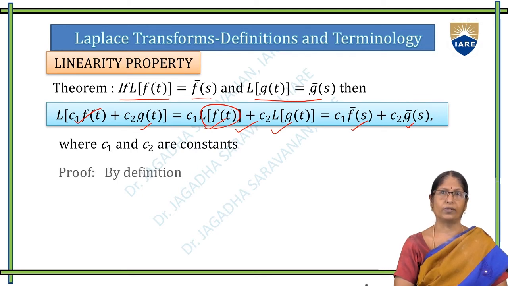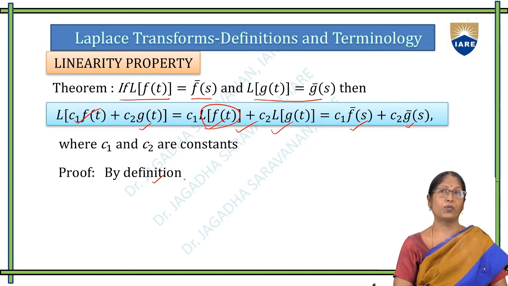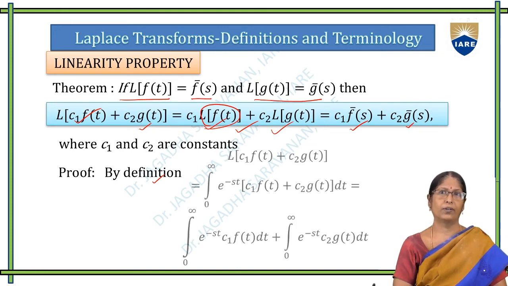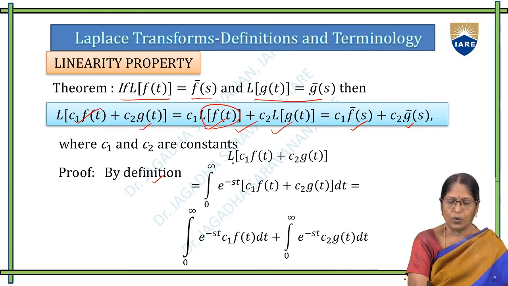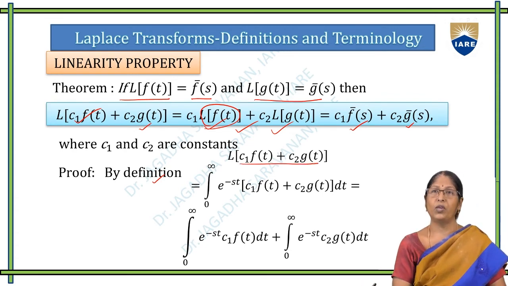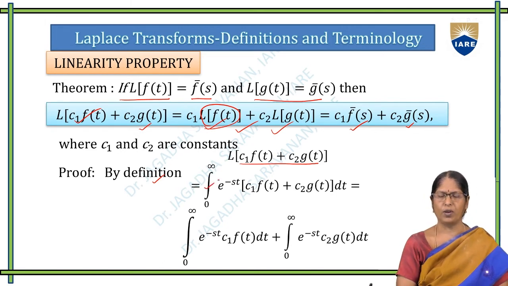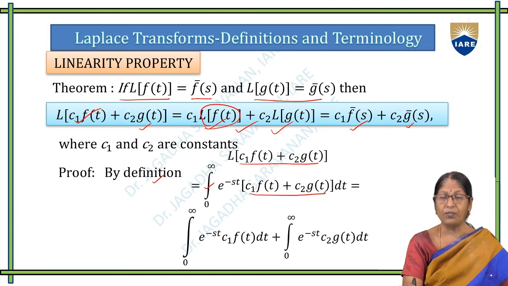where c1, c2 are constants. So we can see the Laplace definition applied here. Laplace of our function, c1 f of t plus c2 g of t. The Laplace transform formula is the integral from 0 to infinity of our function, which we will write.